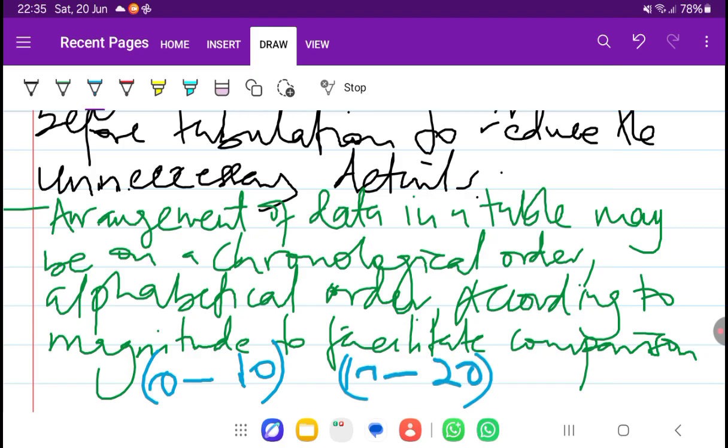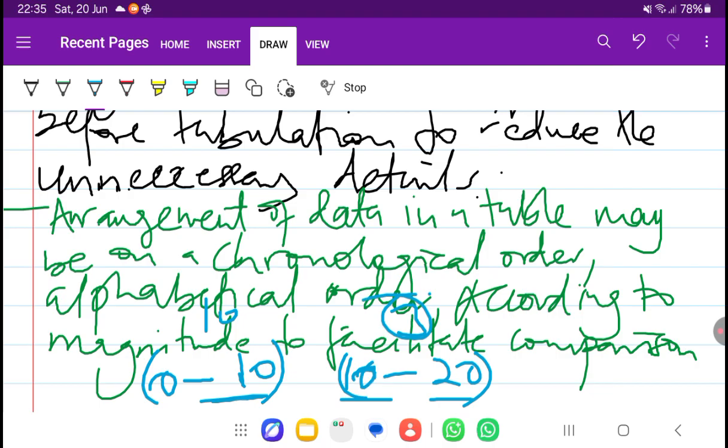Maybe from 0 to 10 there were 10 people, and from 10 to 20 there were 3. This creates a mechanism for comparing the information. You compare that those aged between 0 and 10 were 10 people, and those 10 to 20 years old were 3.